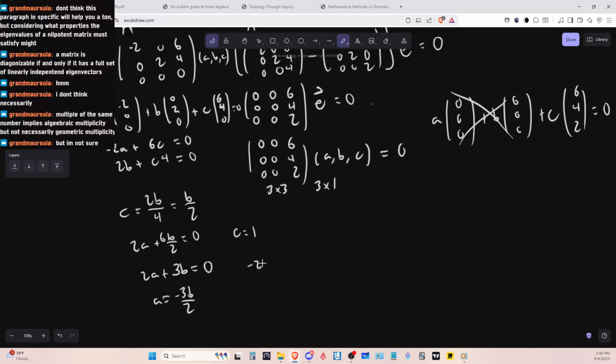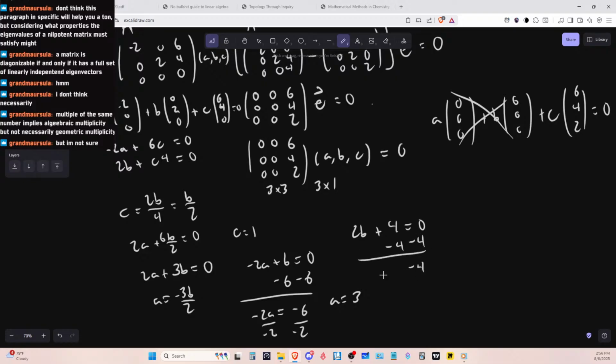If that's the case, then A plus 6 equals 3. I probably should have done that at the beginning. Then we have 2 plus 4 minus 4, and B is equal to negative 2.